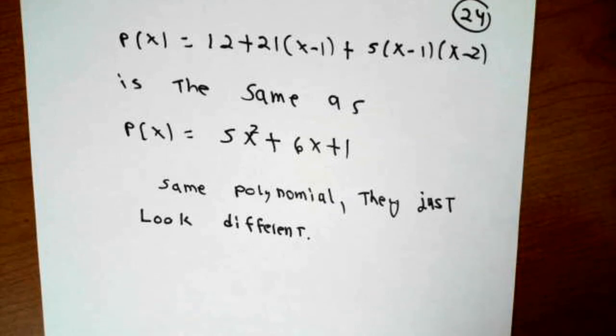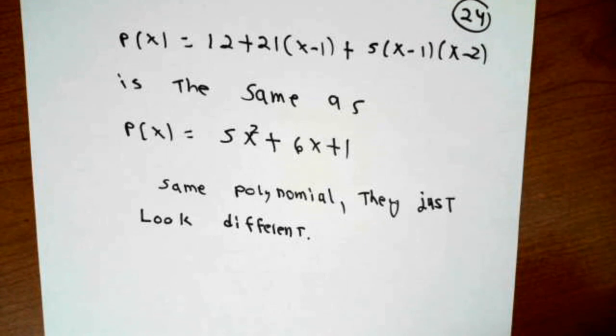So the polynomial 12 plus 21 times x minus 1 plus 5 times x minus 1, x minus 2, produces the same function values as 5x squared plus 6x plus 1 at the 3 x values indicated. There is only one polynomial of degree no more than 2 that does that.